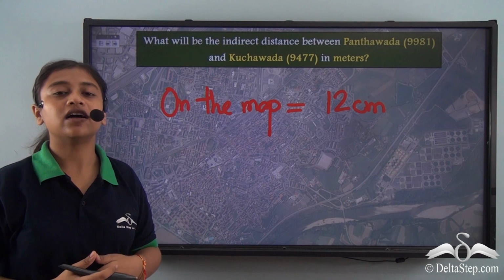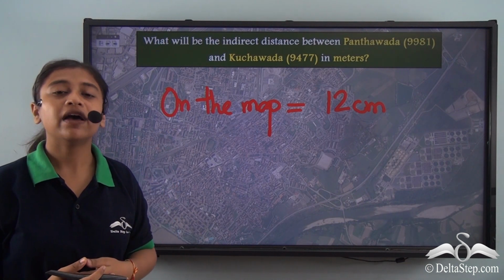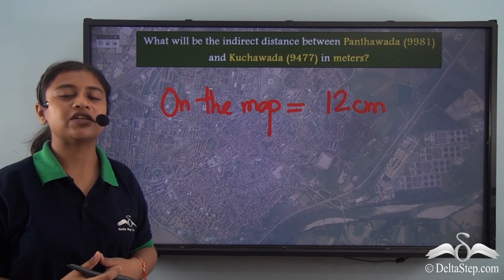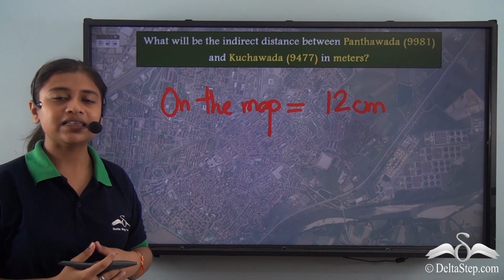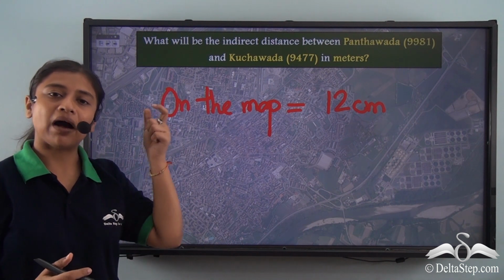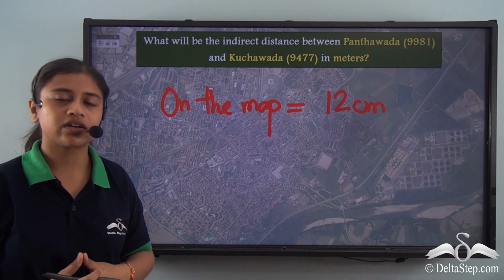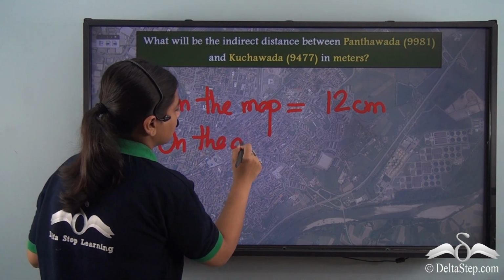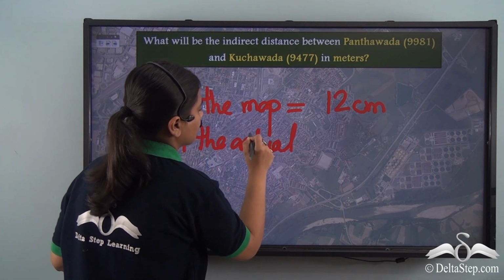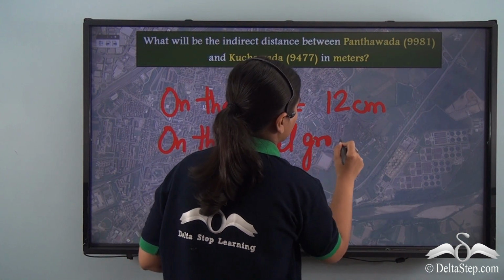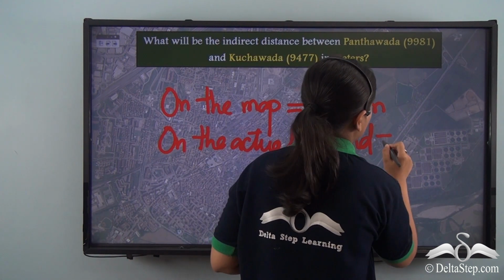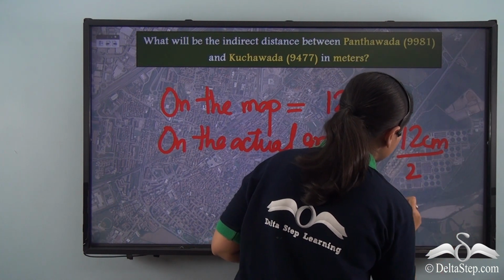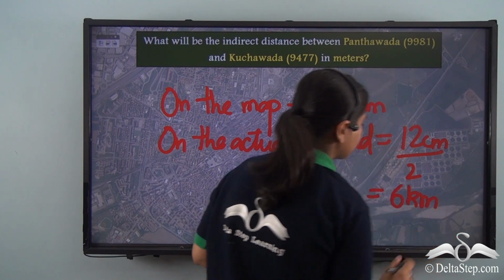However, again taking a look at the scale of the topographical map, we know that the scale says 2 centimeter on the map is equal to 1 kilometer on the actual ground, which only means that the indirect distance between Panthavada and Kachavada on the actual ground would be 12 centimeter divided by 2, and that is 6 kilometers.